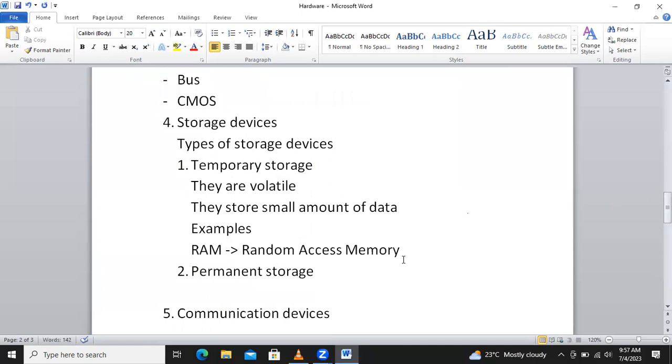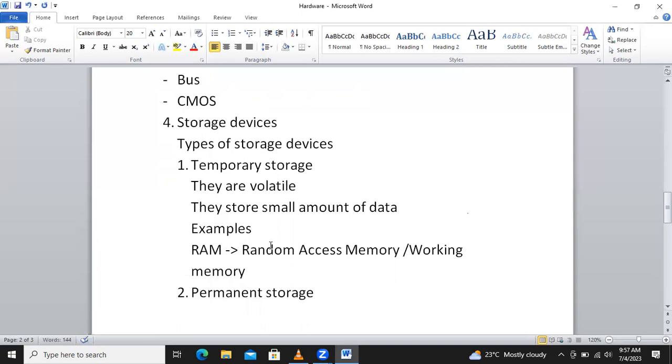This random access memory, we can as well call it working memory. I'll explain this in the future areas where we shall be talking about the CPU.